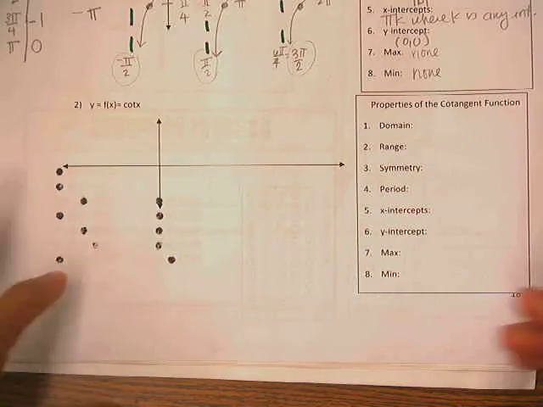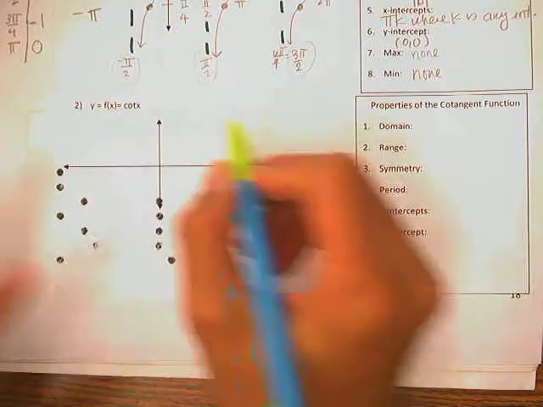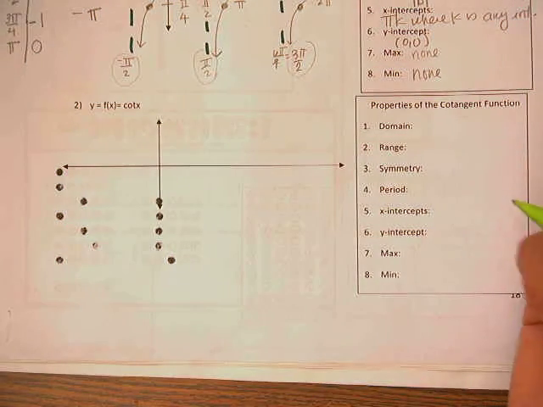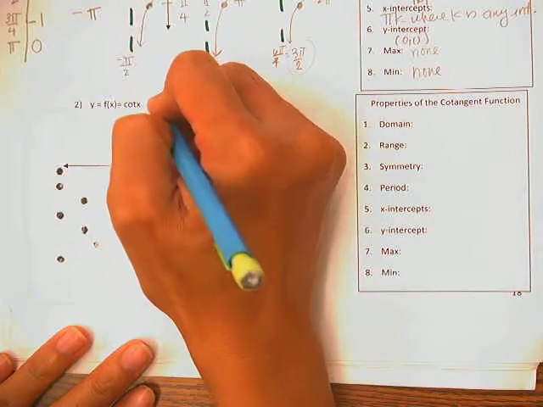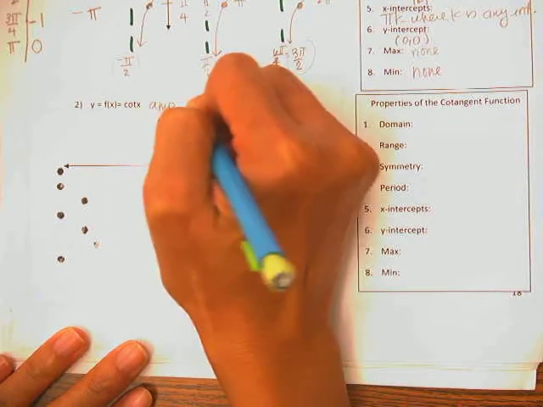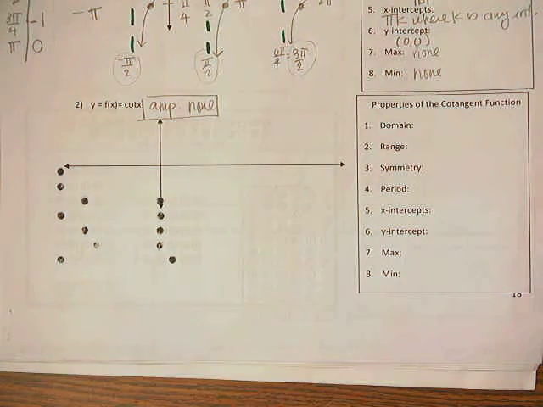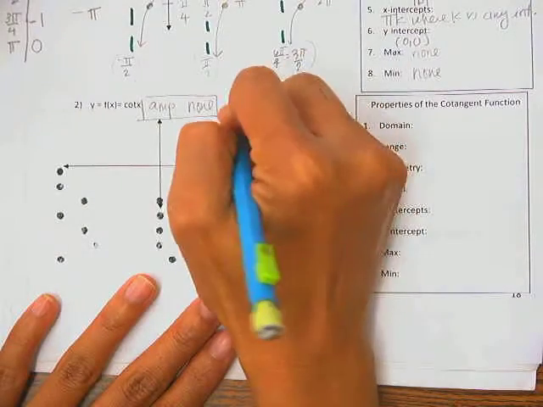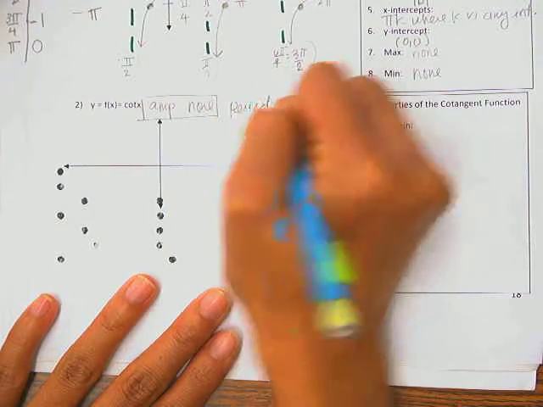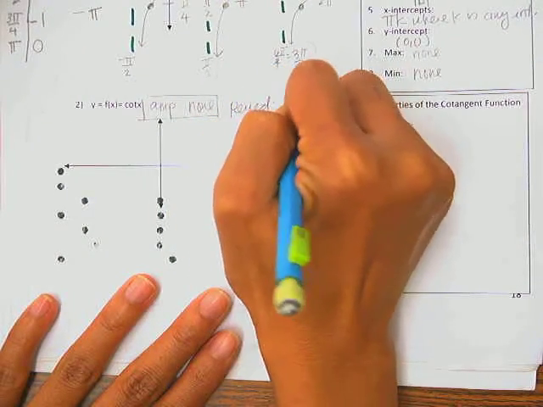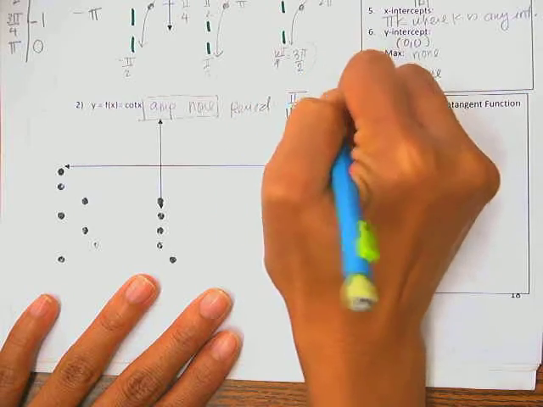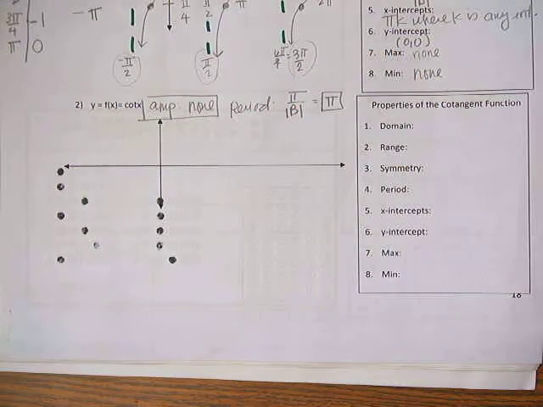Cotangent is very similar to tangent, where the amplitude would be none, because there's no minimum or maximum. Then the period is going to be pi divided by absolute value of b, which for a parent function would end up being pi.